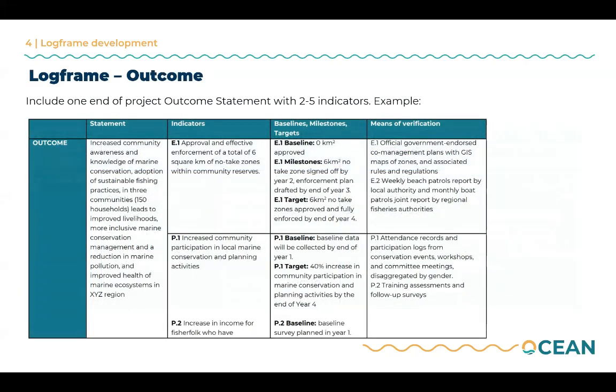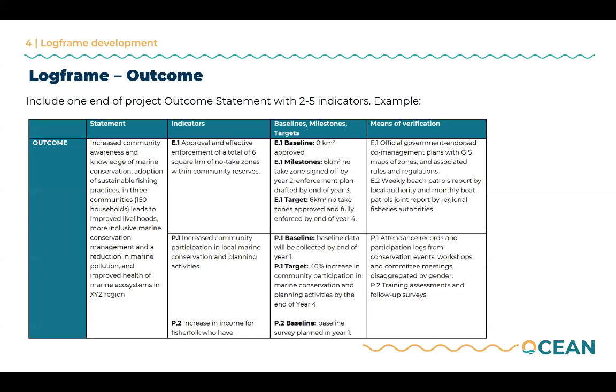So here's an example of what it could look like. You have the outcome statement, and then you have one marine environment indicator and 2 poverty reduction related indicators. And each indicator has its specific baseline, milestones, and targets. So your baseline is where you are before any of the project interventions have gone ahead.